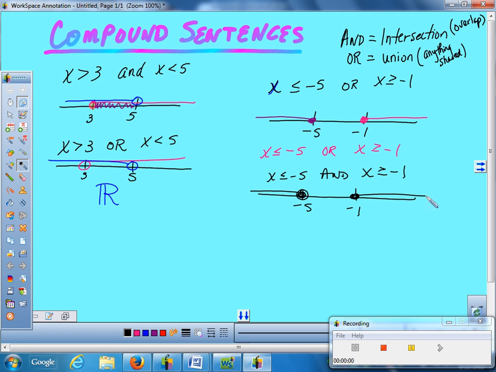Does that overlap? That is not overlapping. Bingo, it is no solution. You may write out the words no solution, or I'm fine if you use the empty set symbol. That also means no solution. Whichever you prefer.